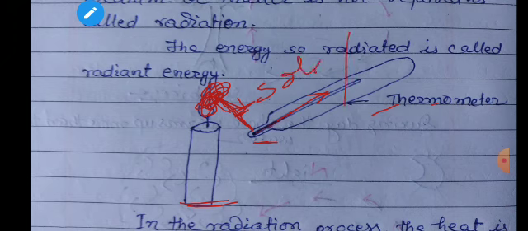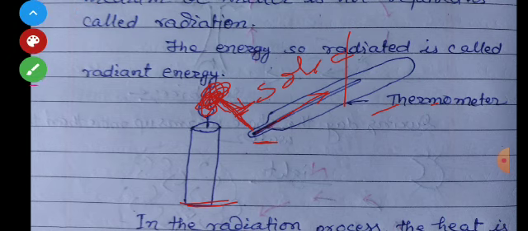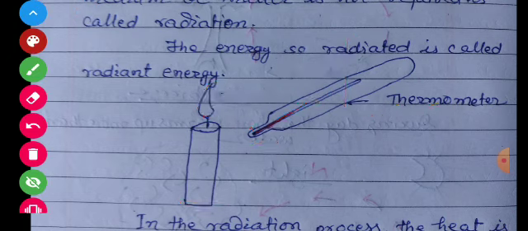And second, there is no liquid or gas moving from here to here, because it is a little lower than the flame. So neither the hot liquid nor the hot gases will come here.